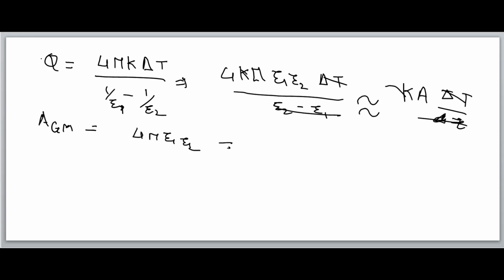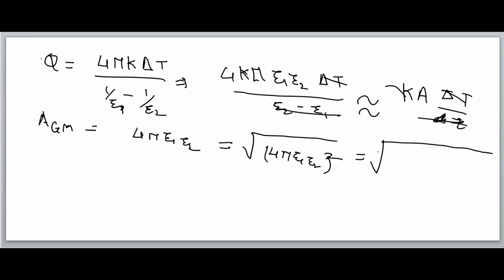Now what we will do, we will square it, and taking the square root, we will get square root of (4 pi R1 R2) squared. This will be equals to square root of 4 pi R1 square into 4 pi R2 square.